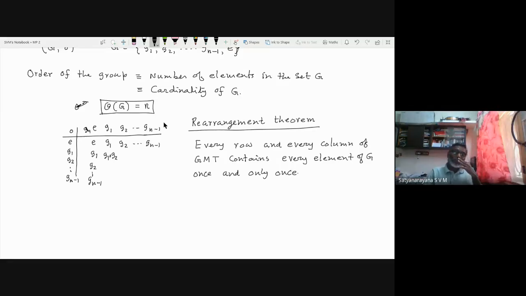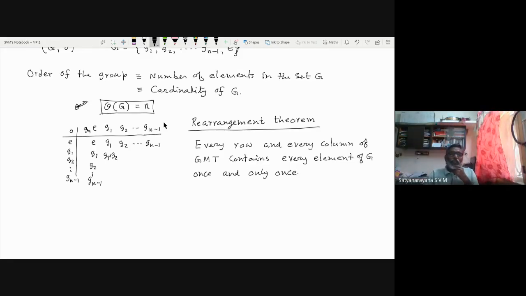That means, suppose you take any row or any column of the group multiplication table, it will contain every element of G and it will not occur twice. It will contain it only once. Every element will be there, only once. That means every row is G itself, but not in the same order in which you have G; it is permuted in some fashion.